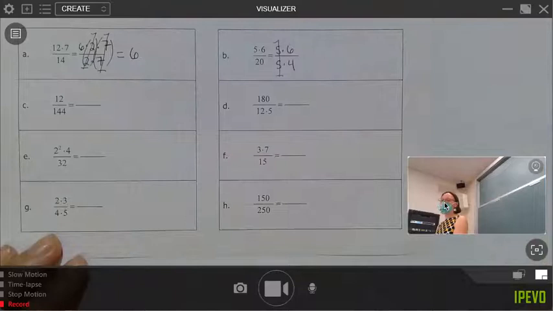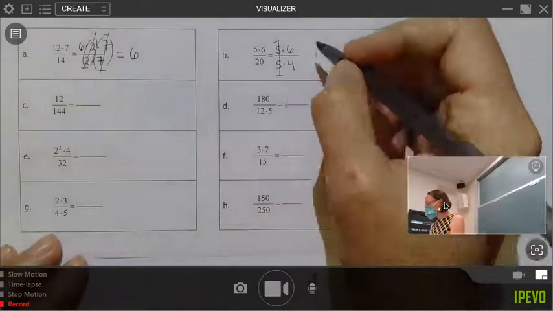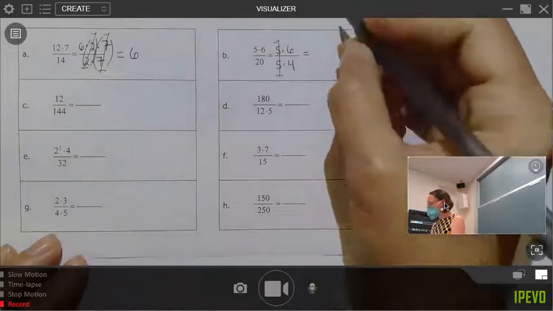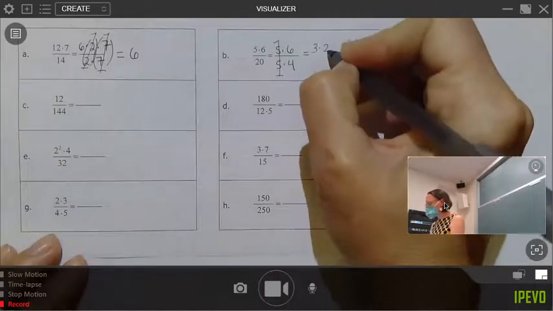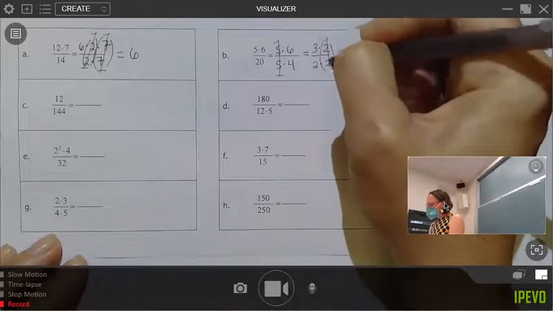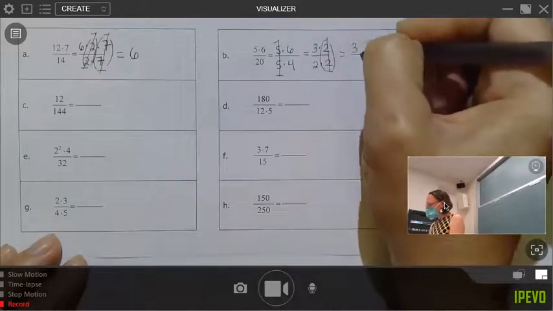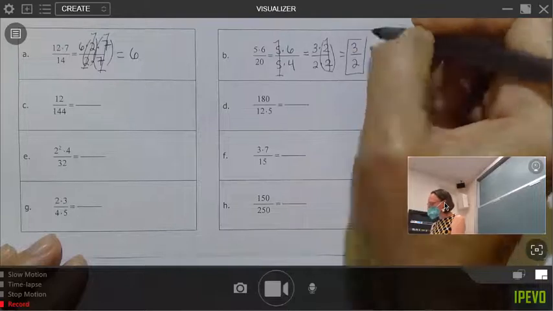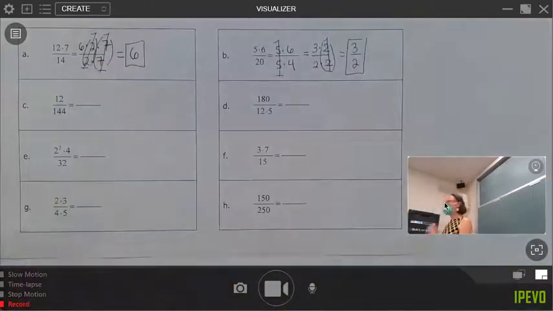And even the 6 over 4, maybe you're just going to write immediately that that's 3 halves, or I can think about that 6 as 3 times 2 and the 4 as 2 times 2 to get another 1 out. And 3 halves is going to be that fraction in lowest terms.